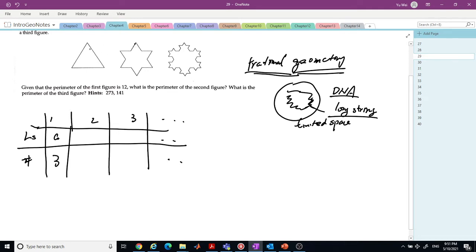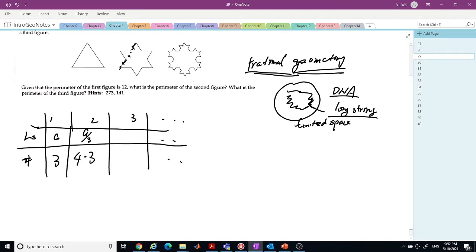Now the second one: this is the original, this is one side. Now this side is cut into 3 equal pieces, so each side length becomes A over 3. And the number of sides on this one is 1, 2, 3, 4, so it's 4 times 3, since we also have 3 sides.